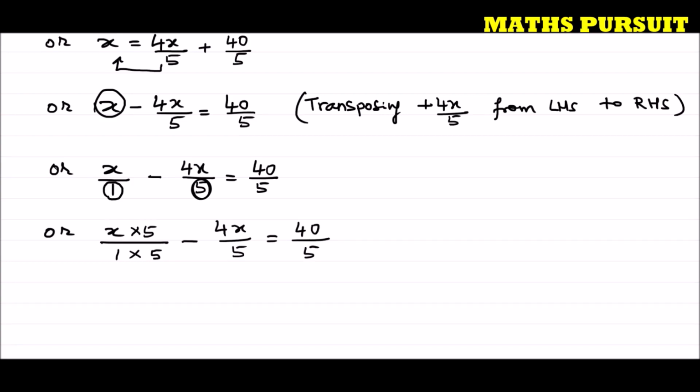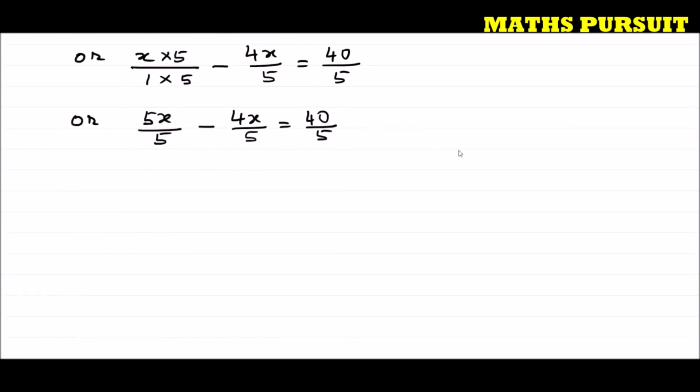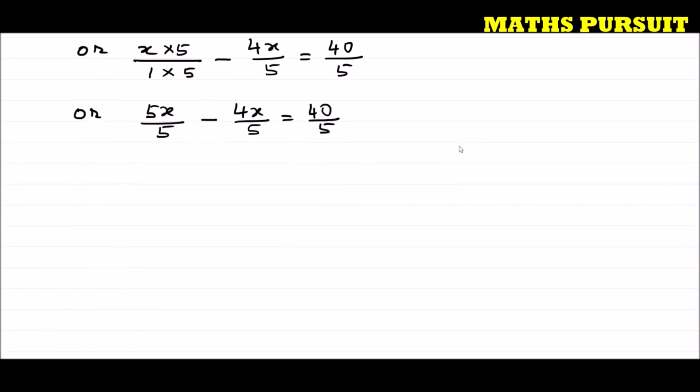Hope guys I am very clear till here. Or I can write 5x/5 - 4x/5 = 40/5. So what we got is 5x upon 5 minus 4x upon 5 is equal to 40 upon 5.